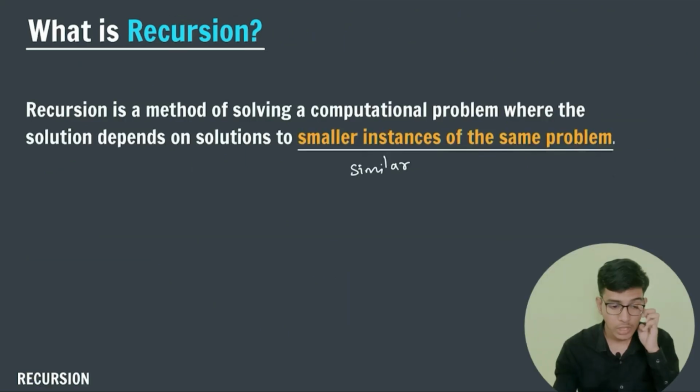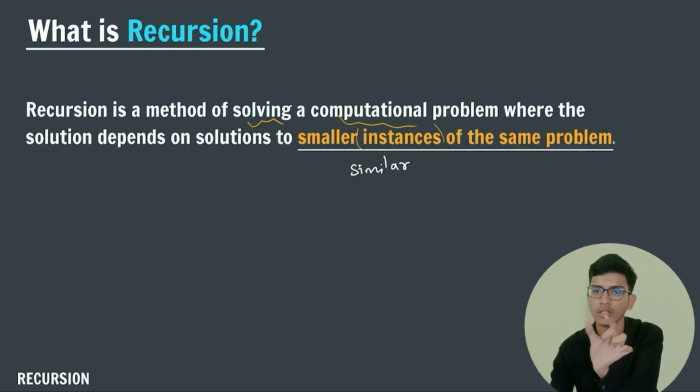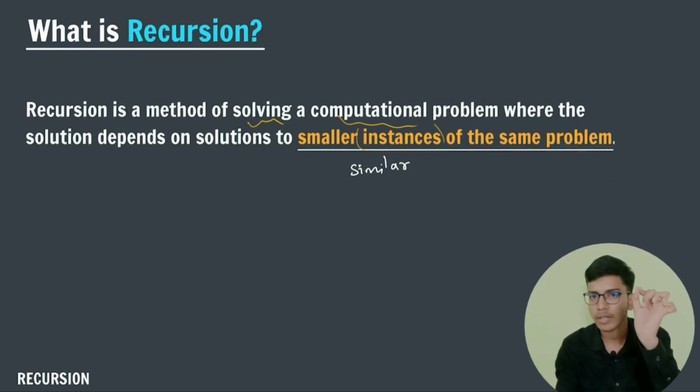Now let us go into the definition of recursion. Recursion is a method of solving a computational problem where the solution depends on solutions to smaller instances of the same problem. You can see that for finding 5 factorial I have calculated 4 factorial, for 4 factorial 3 factorial, for calculating 3 factorial I want to calculate 2 factorial, for 2 factorial 1 factorial, and for 1 factorial I have calculated 0 factorial.